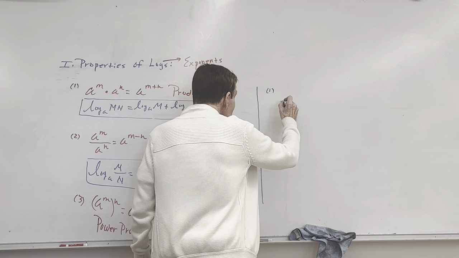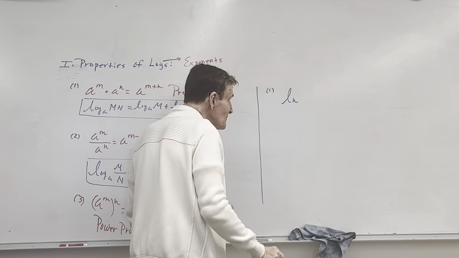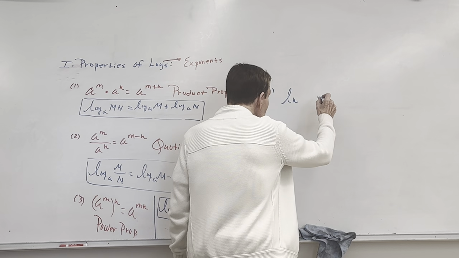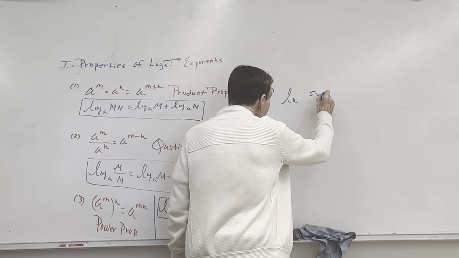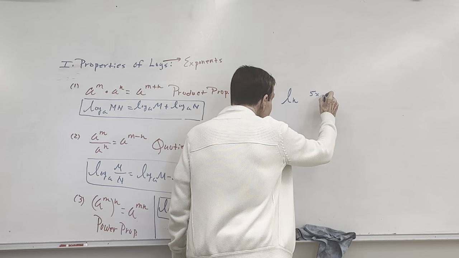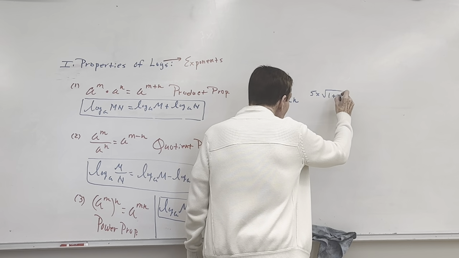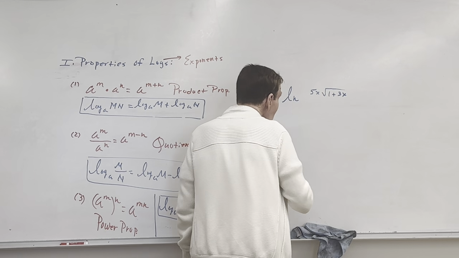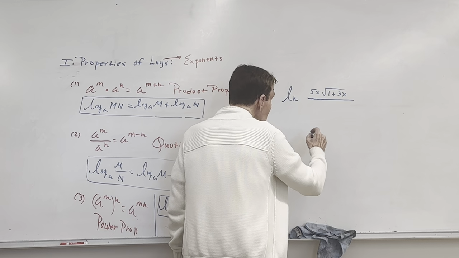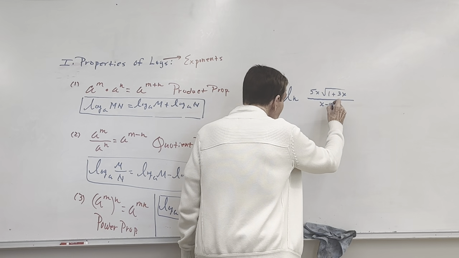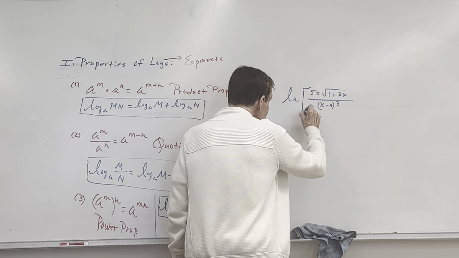The first one is ln, natural log, of 5x square root of 1 plus 3x, over x minus 4 in parentheses, cubed.